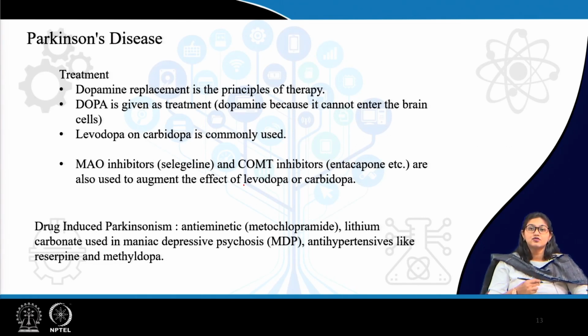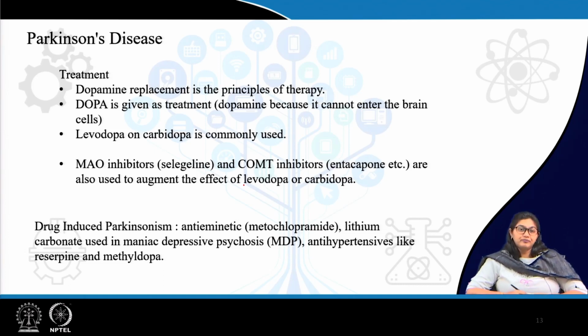These are the enzymes which are actually responsible for the degradation of dopamine. So, we use these drugs, MAO inhibitors like selegiline, COMT inhibitors like entacapone, tolcapone; these drugs inhibit the degradation of dopamine. So, they augment the actions of levodopa or carbidopa. Now, there are different drugs which induce Parkinsonism.